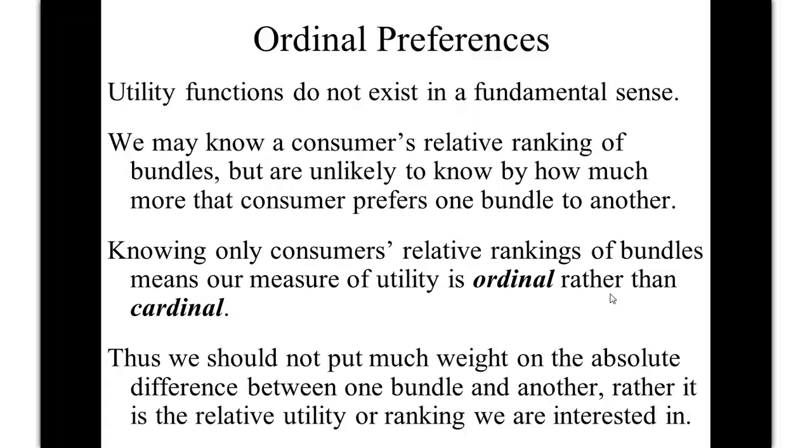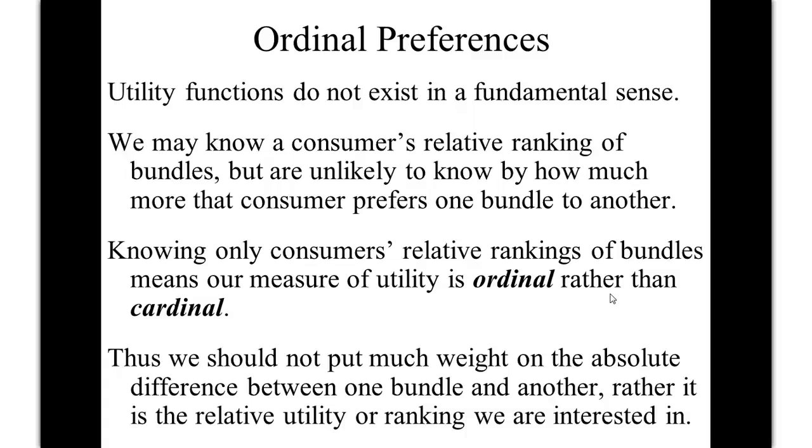The information presented to us is exactly the same. The bundle of goods that has the higher level of utility is preferred. So we should not put too much weight, or any weight in fact, on the absolute difference between one bundle and another. Rather, it is the relative ranking or relative utility we are interested in.